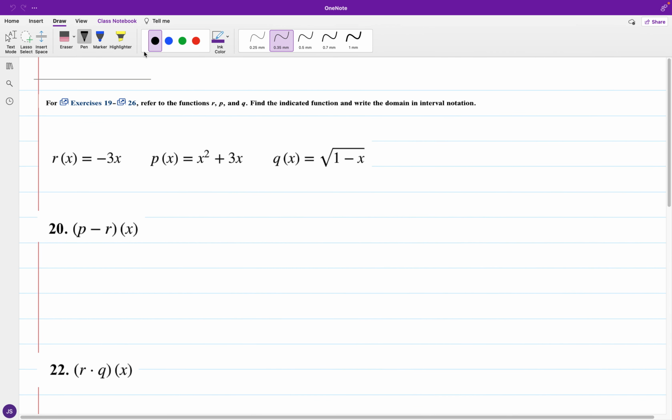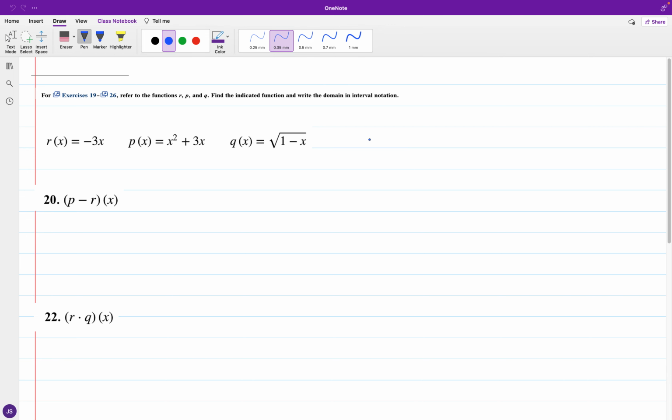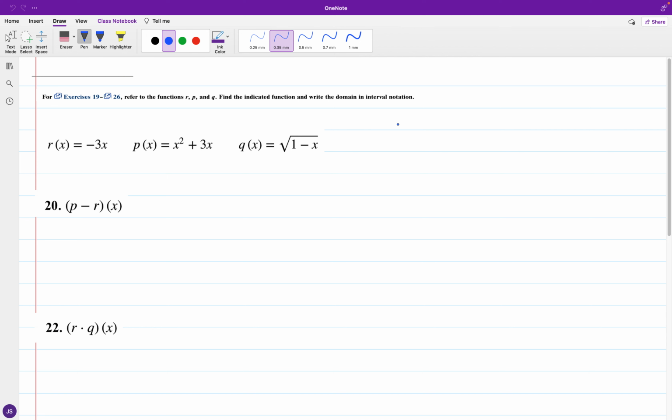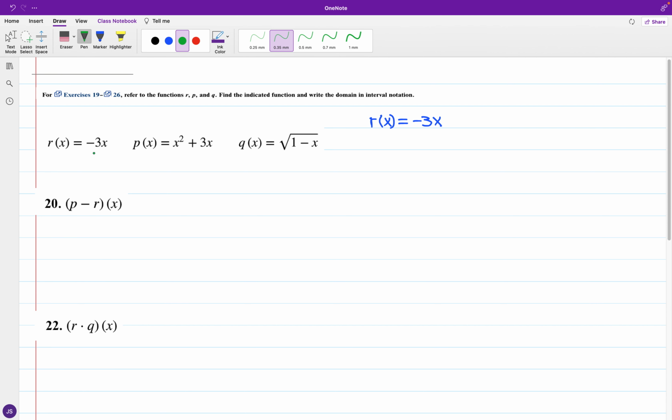And now for what we have in this regard, just mentioning some things here, for r of x is equal to negative 3x. We have a linear function, and you can plug in anything for x.